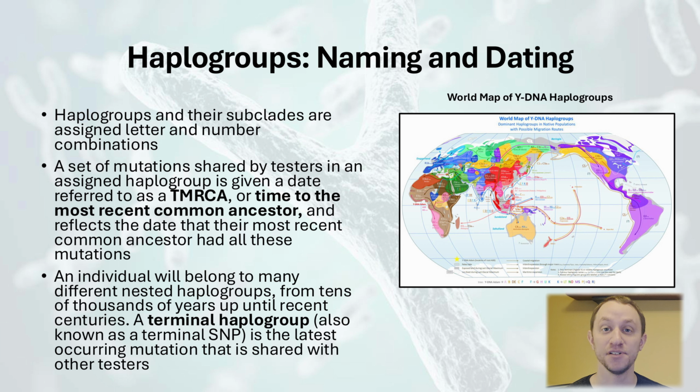Each haplogroup is assigned a TMRCA, time to the most recent common ancestor, which estimates when the shared mutation or group of mutations appeared. You'll belong to many nested haplogroups, from ancient times all the way to recent centuries. Your terminal haplogroup is the most recent mutation you share with other testers.